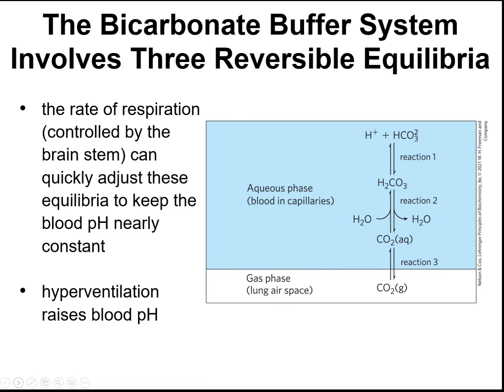So if you hyperventilate, which means you're breathing rapidly, that will raise your pH because you're taking in a lot of carbon dioxide and you're breathing out a ton, right? So just by doing that, you're changing the partial pressure of carbon dioxide and adjusting the blood pH. Something so small, right?